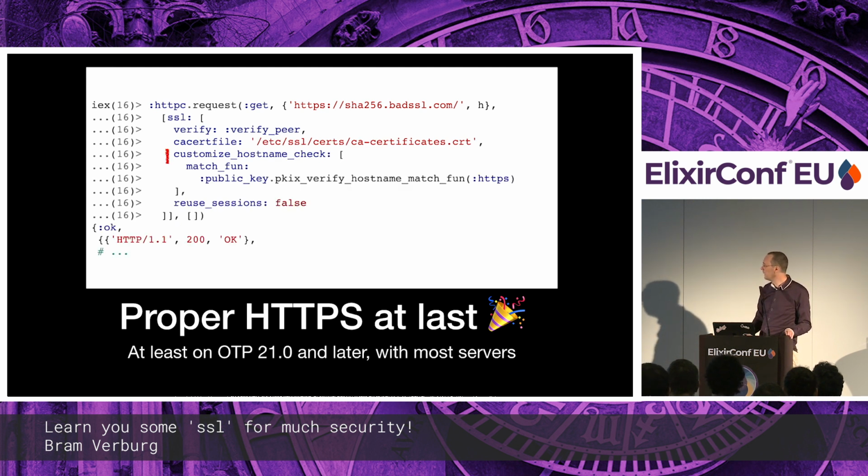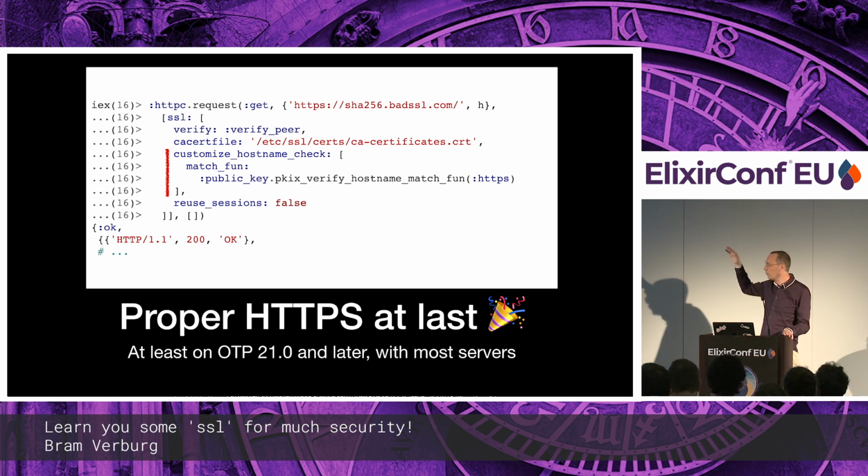It's here. So customize hostname check, and there's a function in the public key module. You can write your own function if you want, but this is the one that comes with Erlang OTP, and it will use the HTTPS variant of the hostname matching. And the HTTPS variant will accept wildcard certificates in the subject alternate name extension.